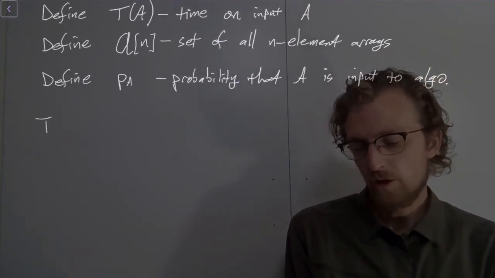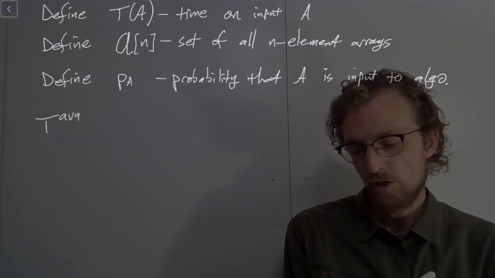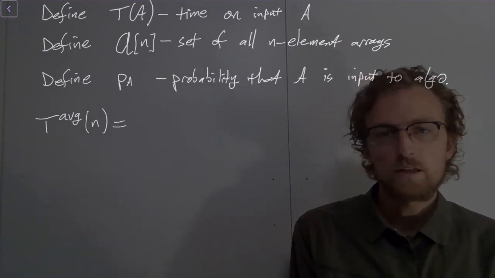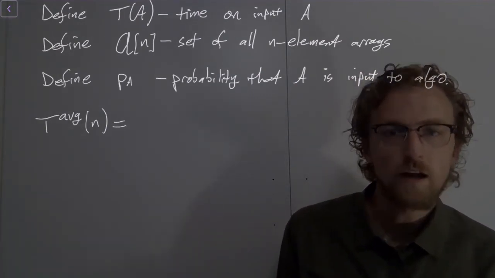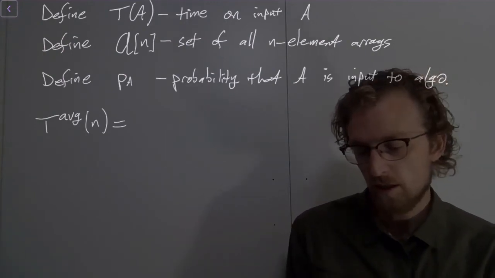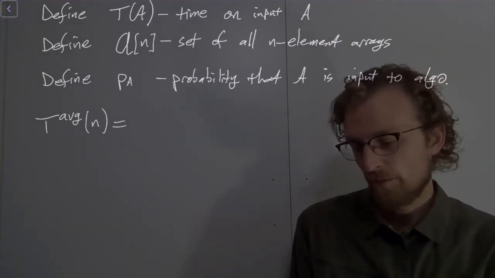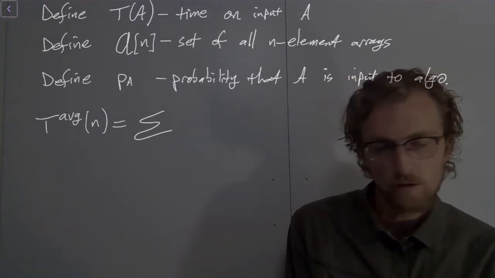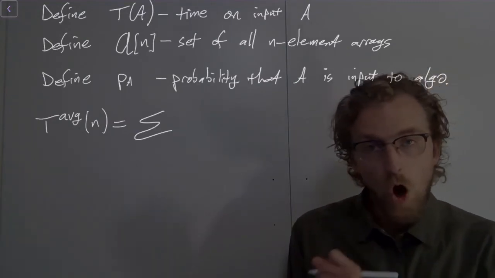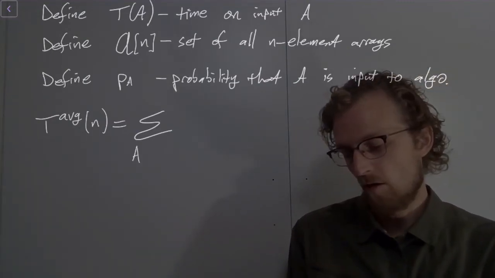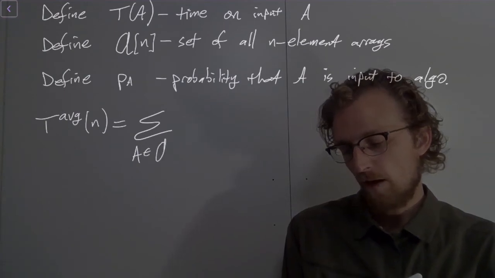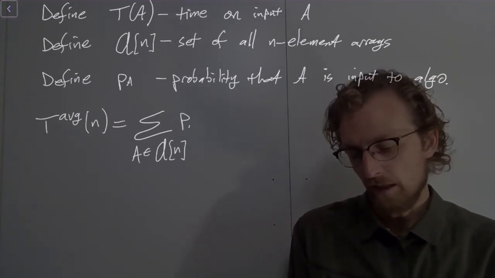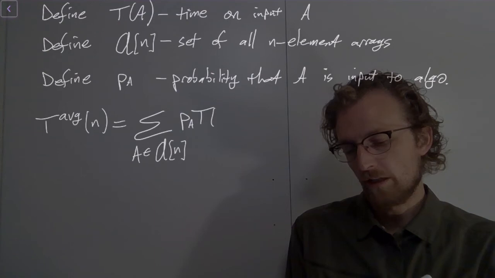The average case runtime, T average, as a function of n, is defined as the expected runtime given the above terms, the expected runtime on a random input. So it's the sum, and if you've taken probability theory or statistics, this is something you may have run into, over all arrays in this family of n element arrays, of the probability of getting the array times its running time.